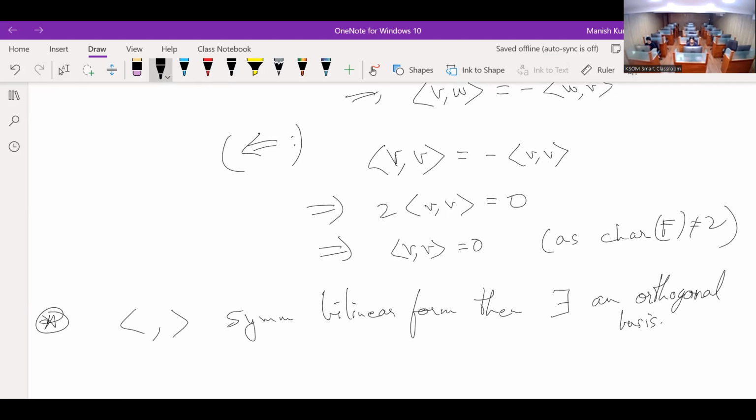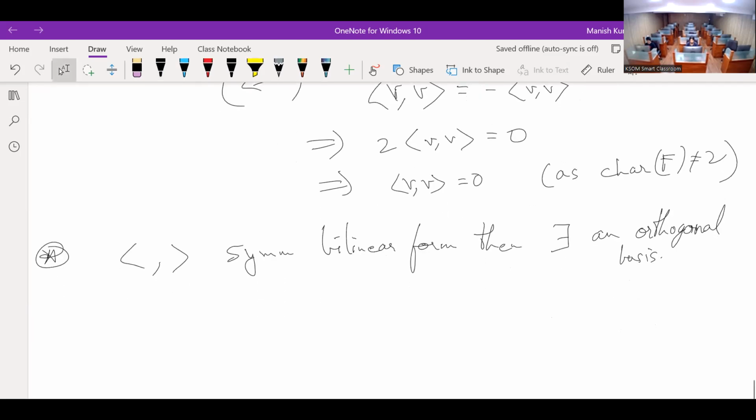And if we choose that orthogonal basis and write down the matrix of this bilinear form with respect to the orthogonal basis, let's say B.